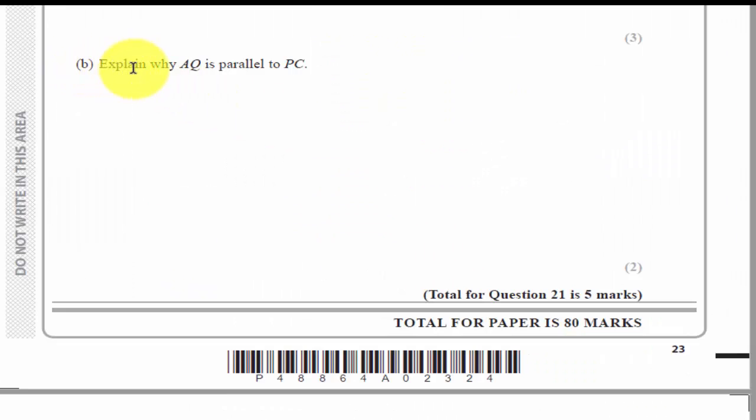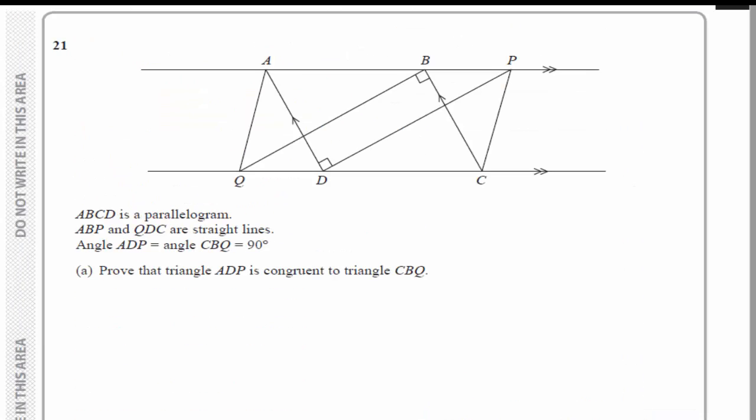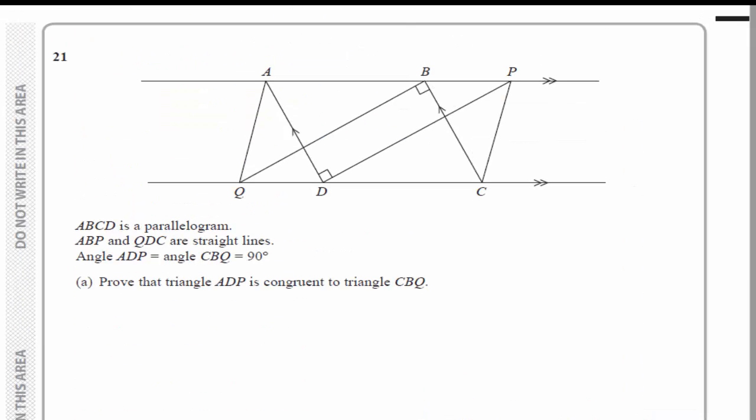Part B, explain why AQ is parallel to PC. So let's go back up. I've cleared off the picture from part A just to make it a little bit easier. I'll just put part B here so we can see the picture and the workings at the same time.